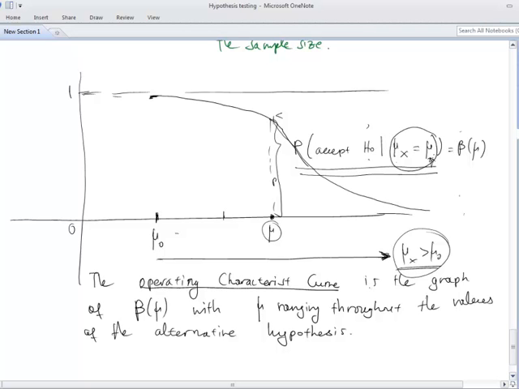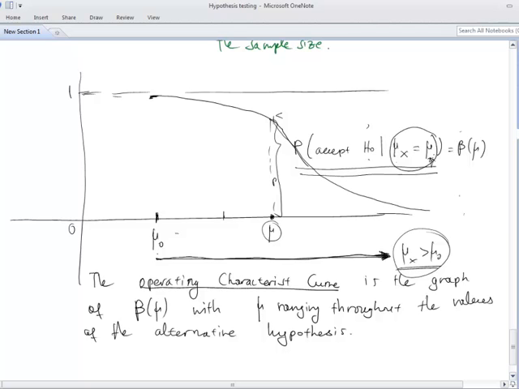In the test presented here, the alternative hypothesis is that the mean of x is greater than mu sub 0, so we take the interval of possible values to be the interval which lies to the right of mu sub 0.